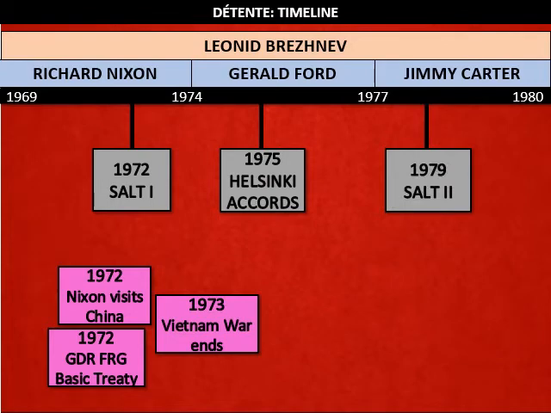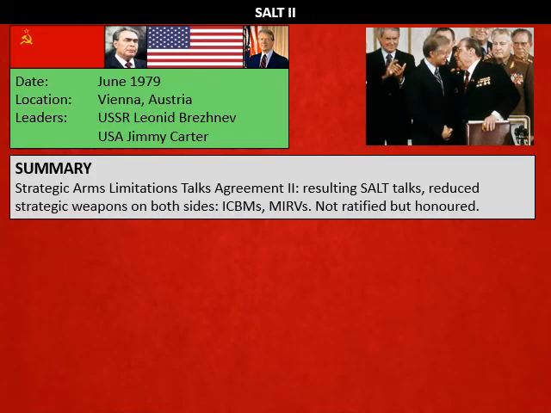Let's look next at the SALT II Agreement of 1979. The SALT talks had continued after SALT I, and by 1979, both sides were ready to agree another treaty. And further reductions and real reductions in nuclear arsenals were agreed.